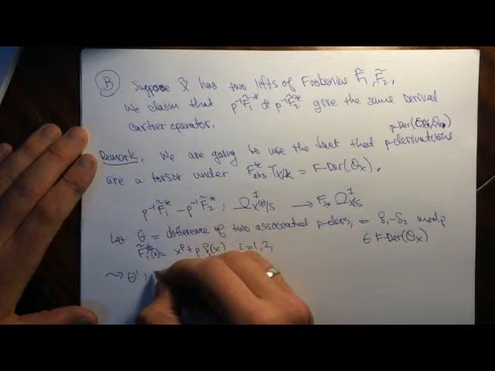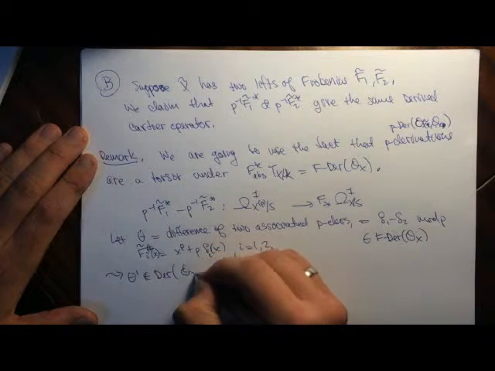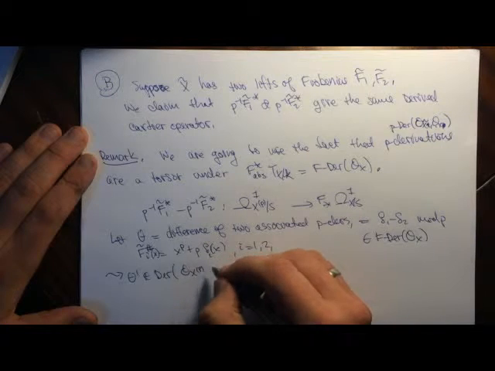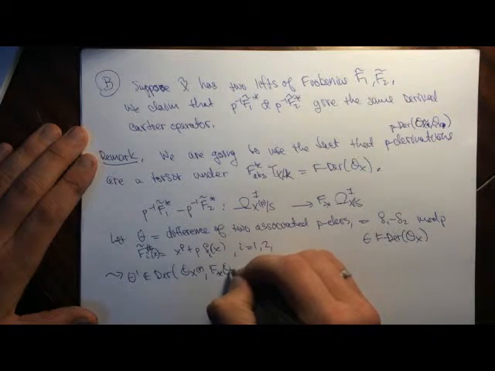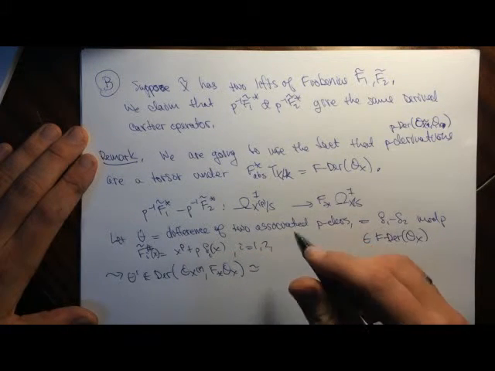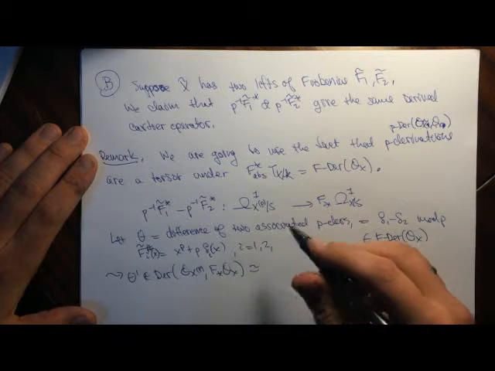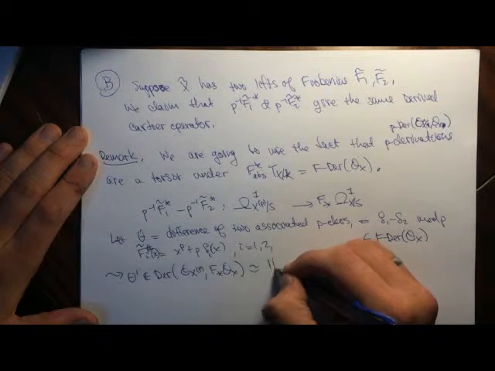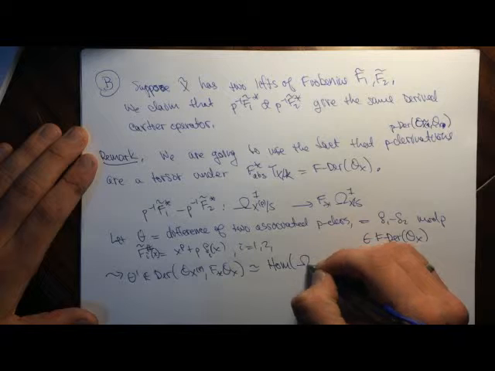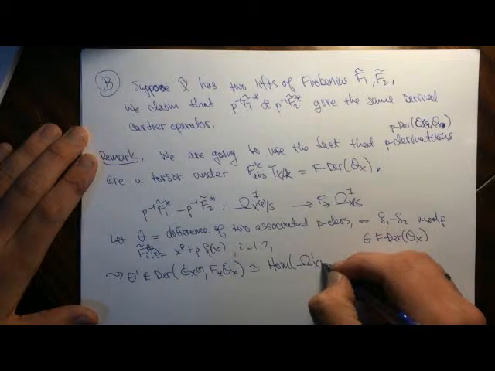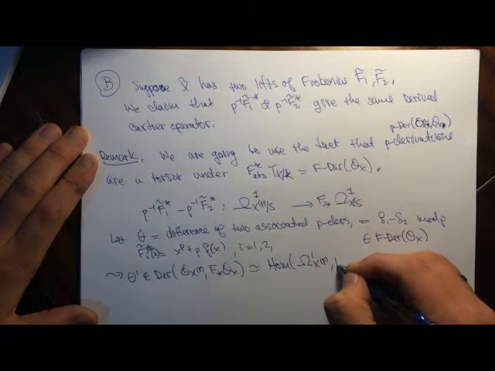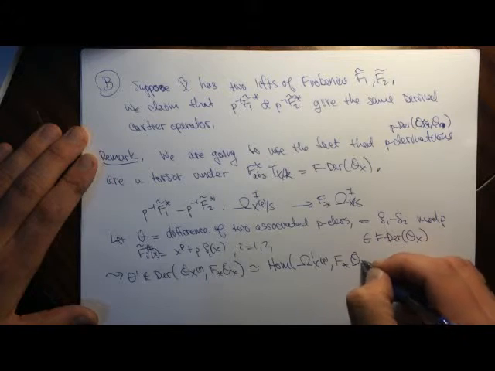I'm going to write theta prime to be the associated thing for the relative Frobenius, and this is equal to the same thing as morphisms here to O of x.